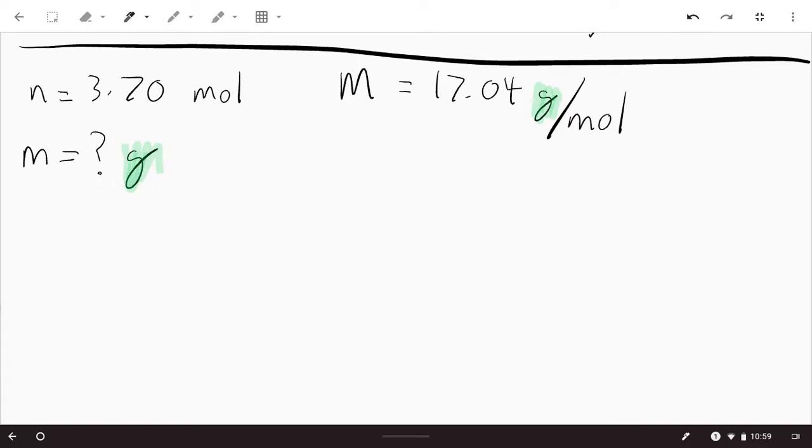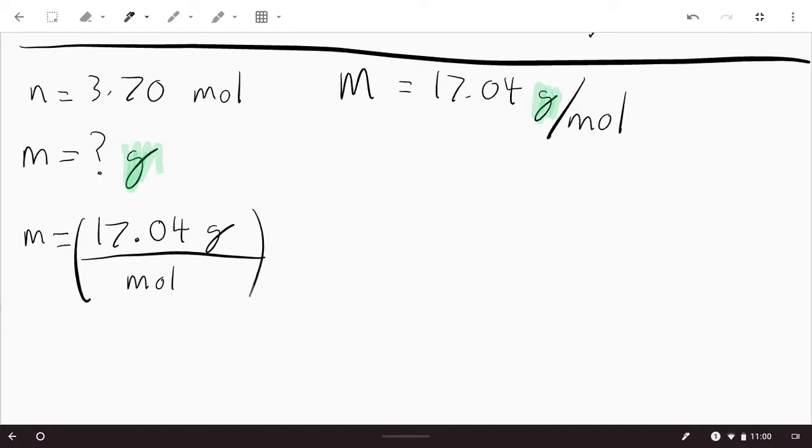If I look at my units for molar mass, I see that grams are already on top there. So when I start solving for mass, I know that I can start with the 17 and 4/100ths of a gram over 1 mole, and I don't need to change anything because the grams are already in the position I want them to be in. They're already on top of a fraction.